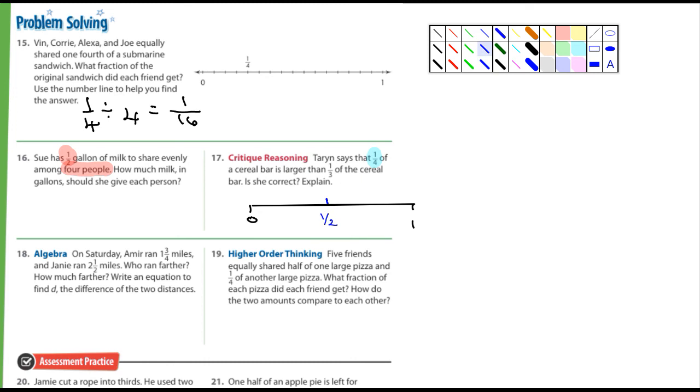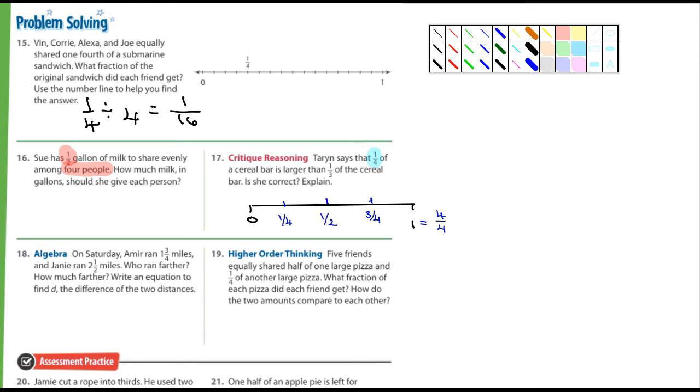And so if I cut the 1/2 in half, that would be a 1/4, right? So there's 1/4. And then 3/4 would be right about there. 3/4. Remember, there's 4 quarters, and 1 is equal to 4 over 4. All right. So there we have our 1/2, and our 1/4, and our 3/4.